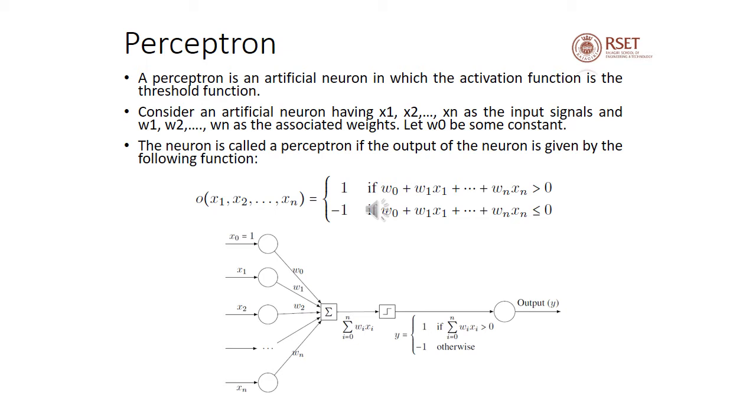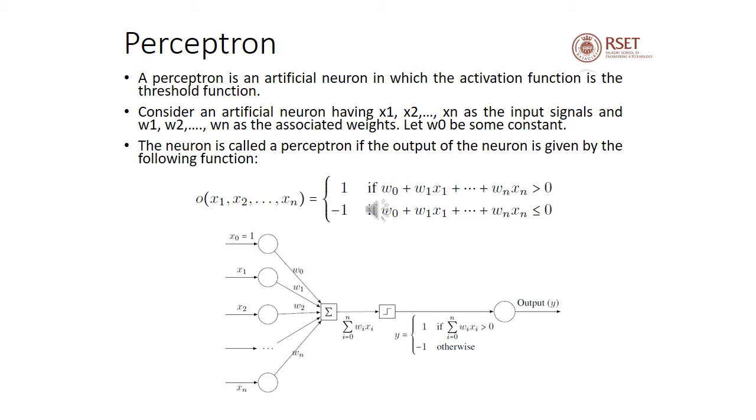The neuron is called a perceptron if the output of the neuron is given by the following function: if the constant w0 plus w1 x1 up to wn xn is greater than 0, the value is 1. If it is less than or equal to 0, it will be -1.